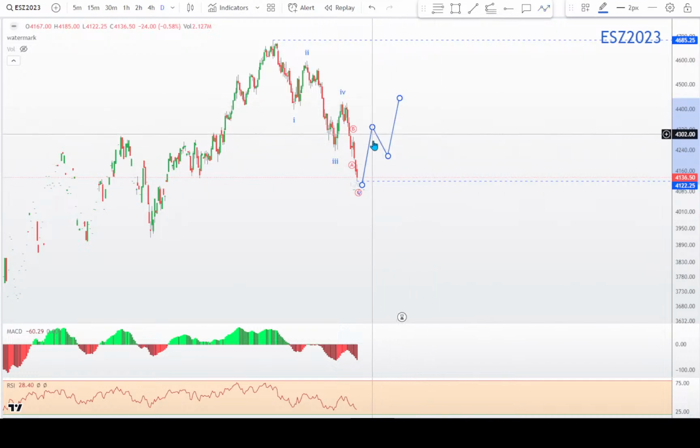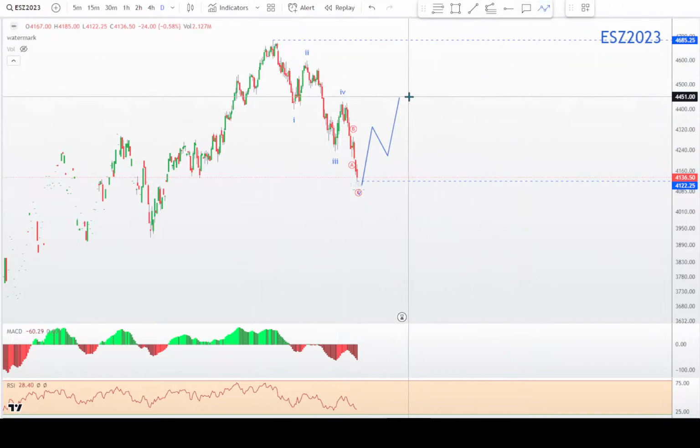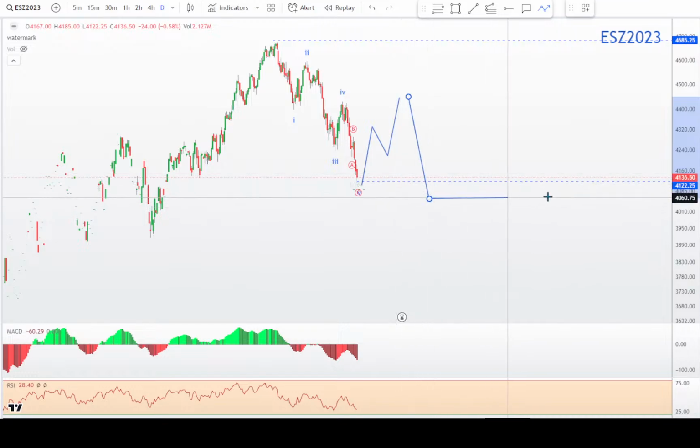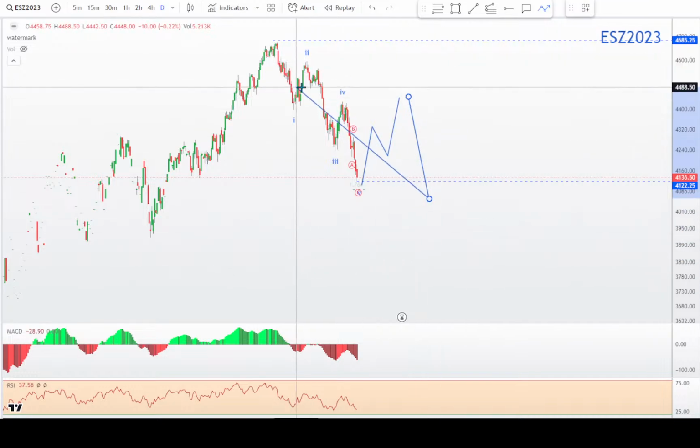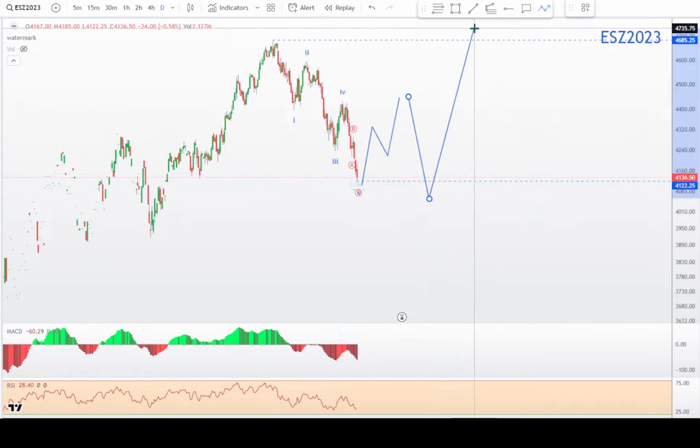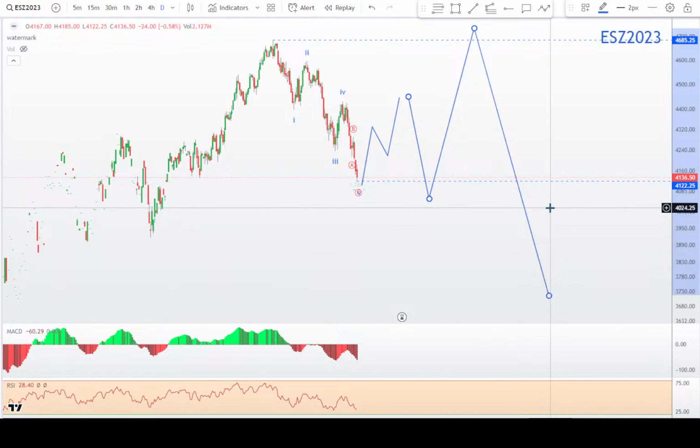But you just got to know that this is correction for this down move, and that you'll get at least one more down, and then when they break this, we're going to have to see, once they break whatever the low is, what happens down here, because if it really sells off, then this leading diagonal could be A, correct up for B, come down for C. I think they're going to have one more up, but we'll have to see. And then I think they're coming all the way down.